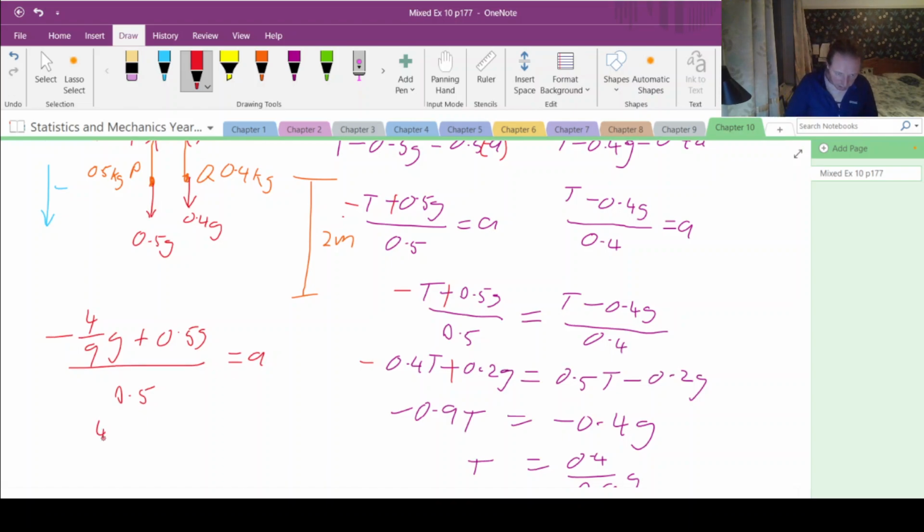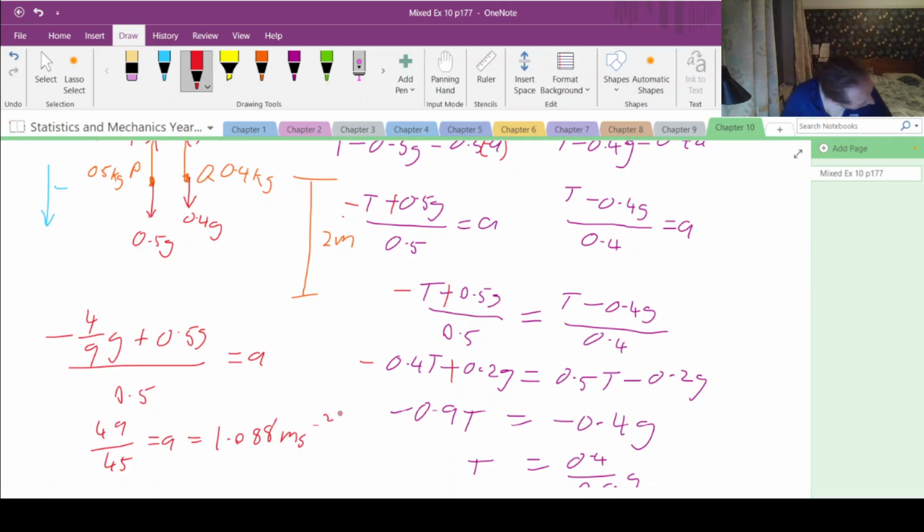We end up with 49 over 45 A, which equals 1.088 meters a second minus 2.